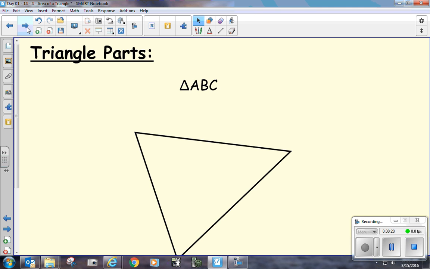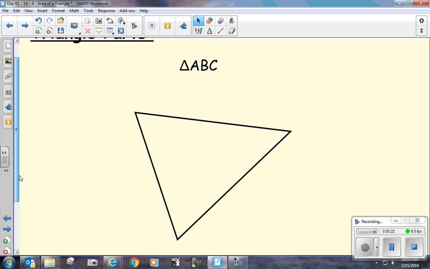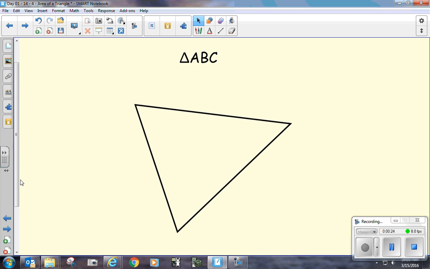So first, let's review a little something. If this is triangle ABC, what do the A, B, and C represent? Well, these capital ones represent the corners, the vertexes, or the angles.